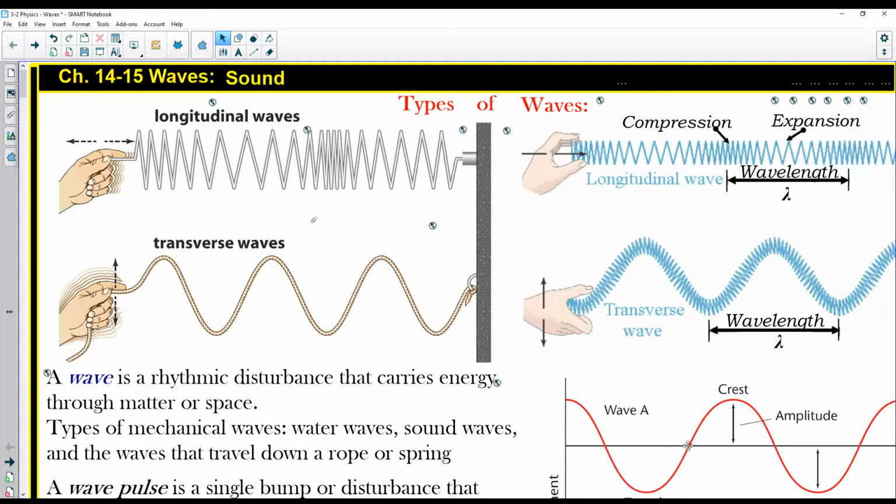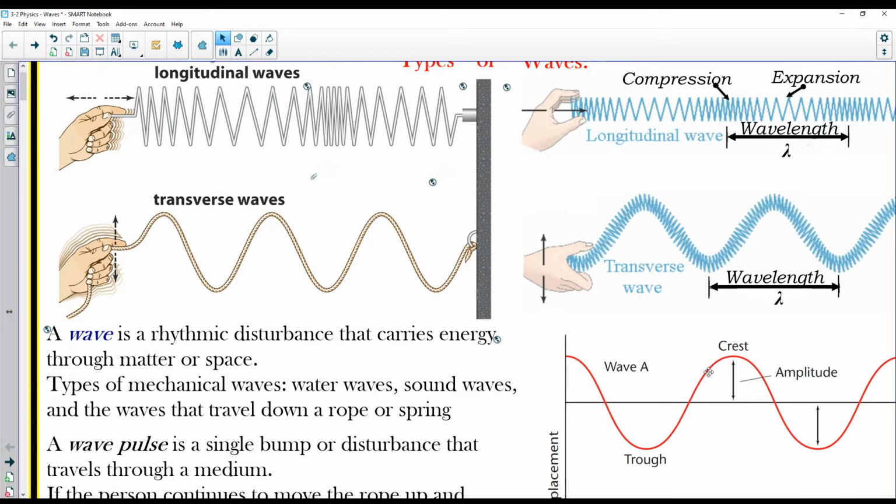When I produce the voice, it starts transferring through the molecules of the air. As it transfers energy to this molecule, this molecule, this molecule, eventually by the time it gets to the other side of the campus, you will barely hear what I just said, even though the amplitude was high, because the energy gets lost when it is transferred. So the higher the energy is, the higher the amplitude is going to be.